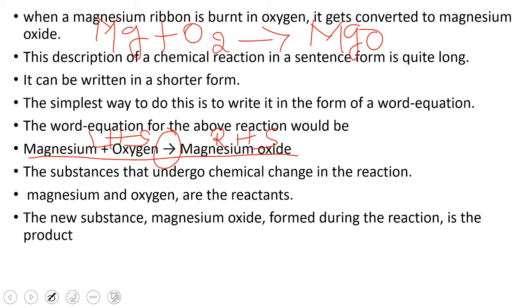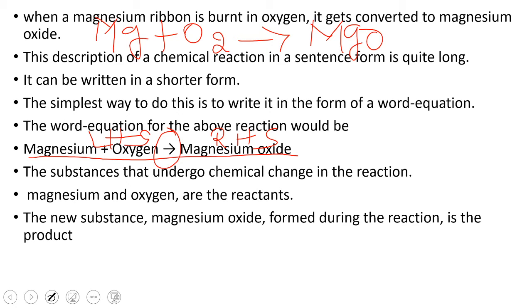The substances which are undergoing chemical change. In this reaction, magnesium and oxygen are undergoing a chemical change and get converted into magnesium oxide. The substances which are undergoing chemical change are known as reactants, and after the chemical reaction, a new substance is formed which we call a product.